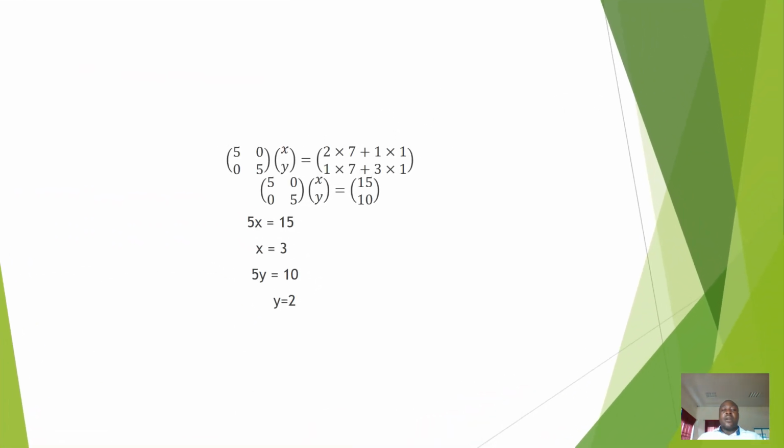Okay, therefore 5x will equal 15. When you divide through by 5, x is equal to 3. 5y will equal 10. If we divide through by 5, y will equal 2. That is what we refer to as the adjunct method.